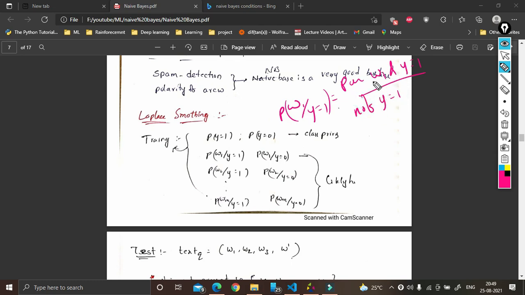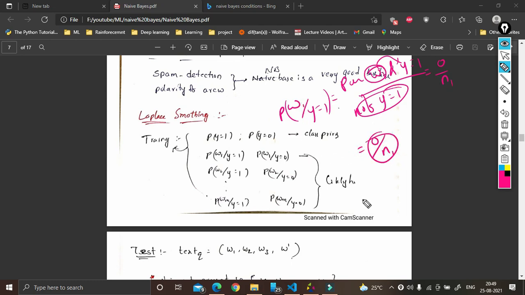What if W1 is not present in class y? At that time we will get the probability as 0, that means 0 by n1.